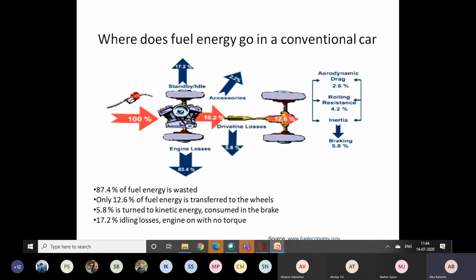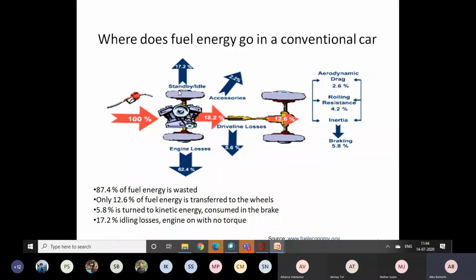Now, basically, you need to think of where exactly your fuel energy is being consumed, and how much is the output energy. What percent of your input fuel energy is reaching the drive wheels? Here it has been represented.